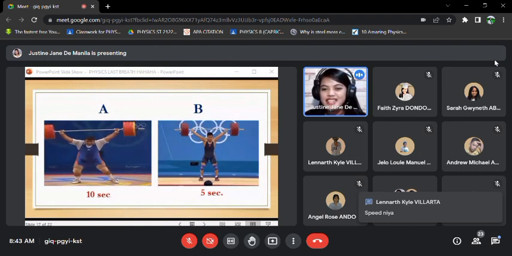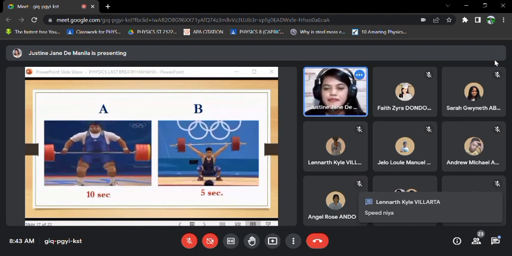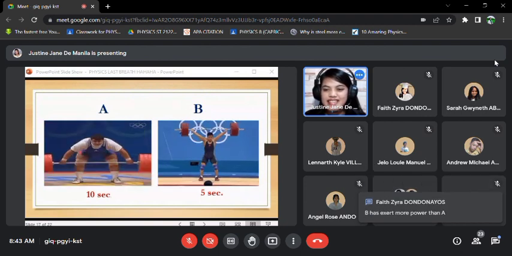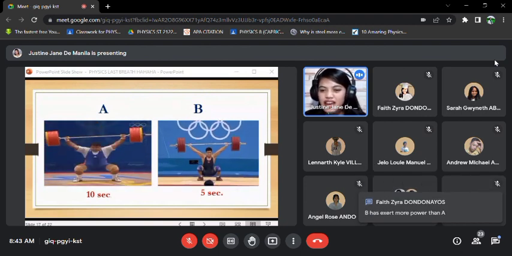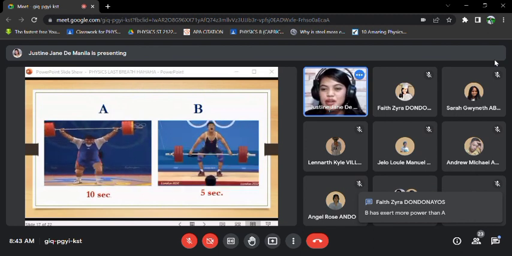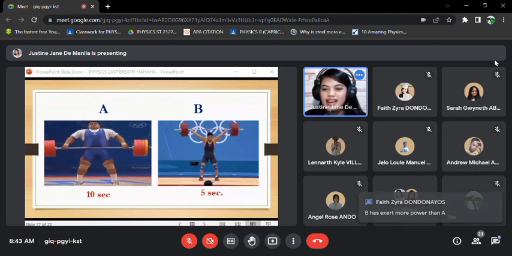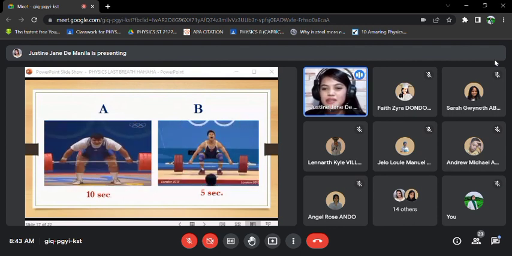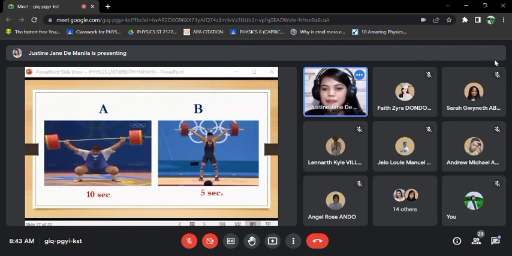Don't be afraid to share your answer, class. Okay, his speed. Okay, Leonard. According to Faith, B exerts more power than A. How about Sarah? Why weightlifter B?